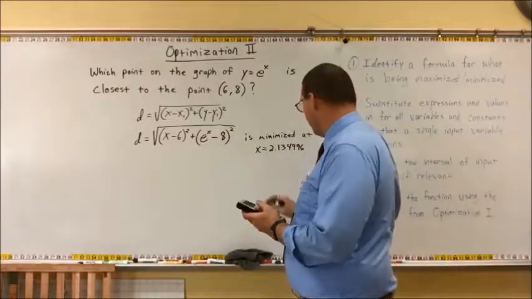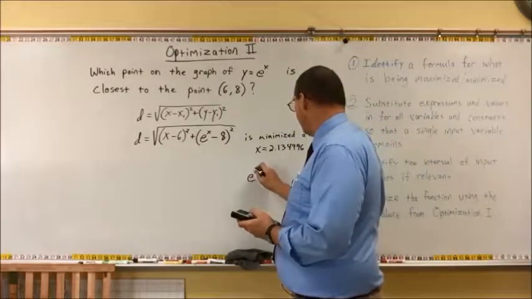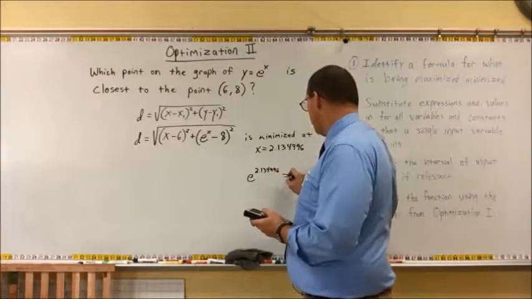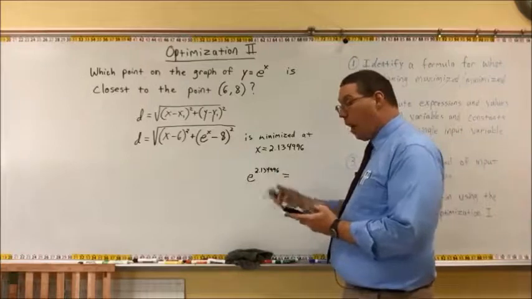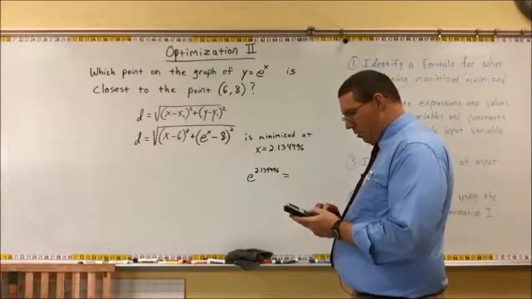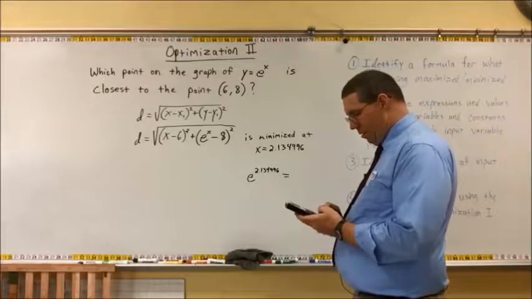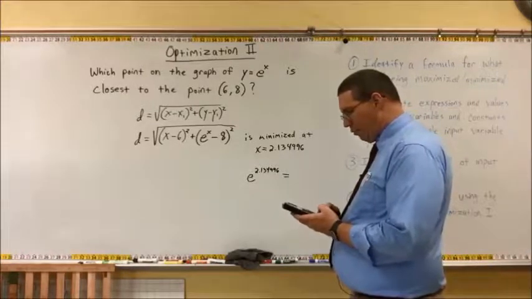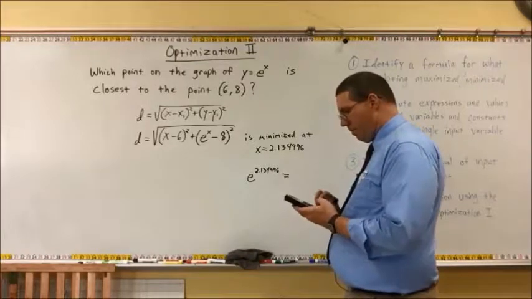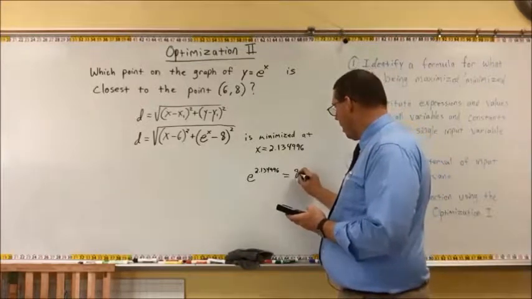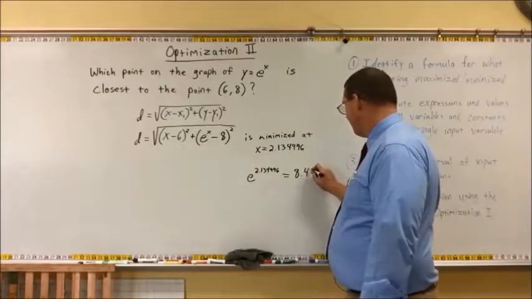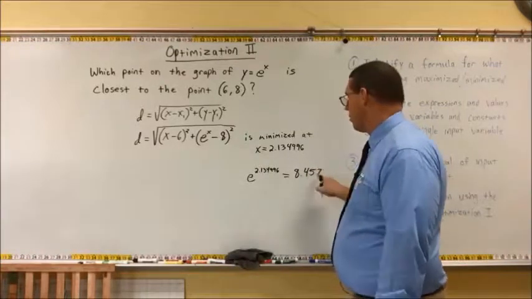So e to the power of 2.134996. So we're plugging that number in to get the y value. E to the power of 2.134996 is approximately 8.457. And then there's a 0, so I'll just stop here.